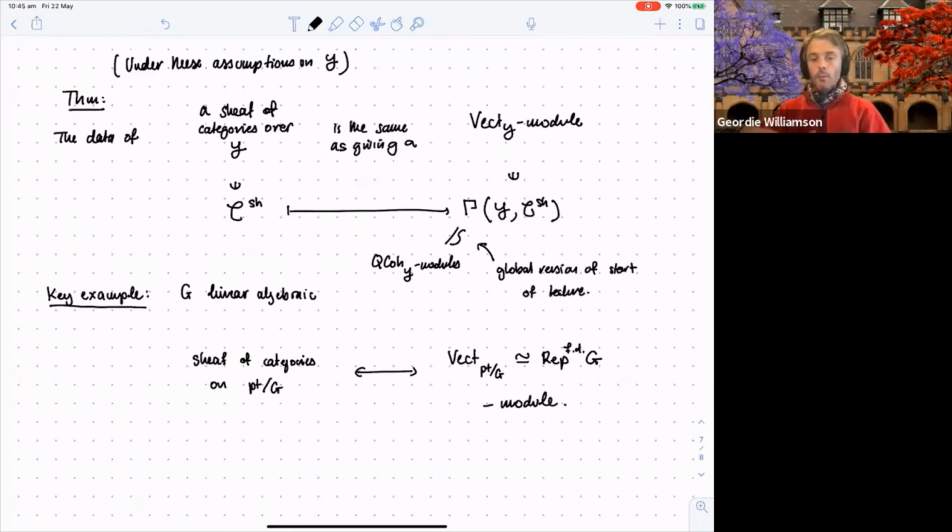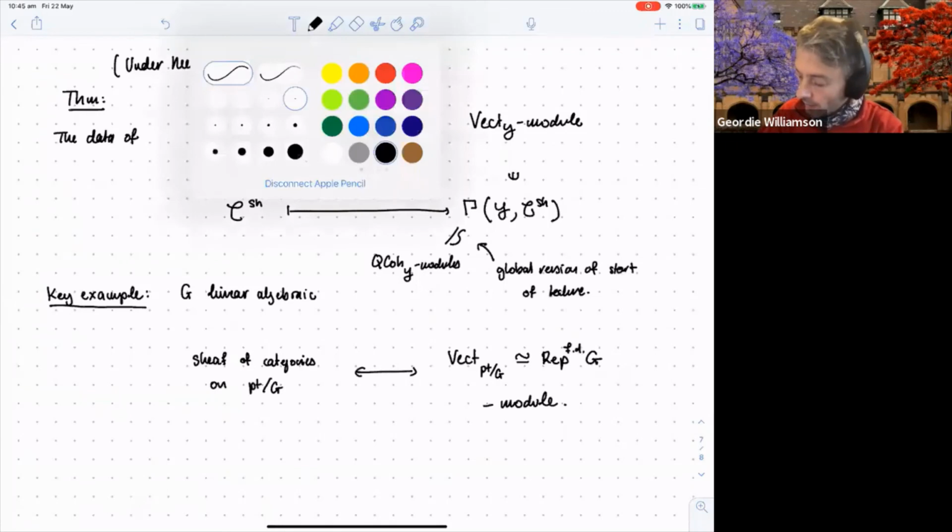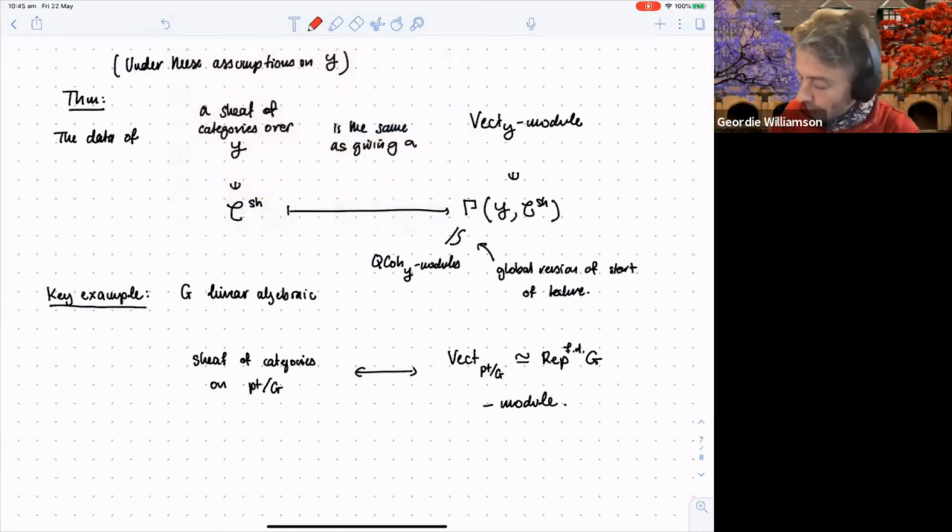So moving from an A-linear structure to an action of A-modules. And then the slightly more interesting thing is how to go from here to here. Namely, given any affine scheme mapping to Y, how do you produce a sheaf of categories on your affine scheme?